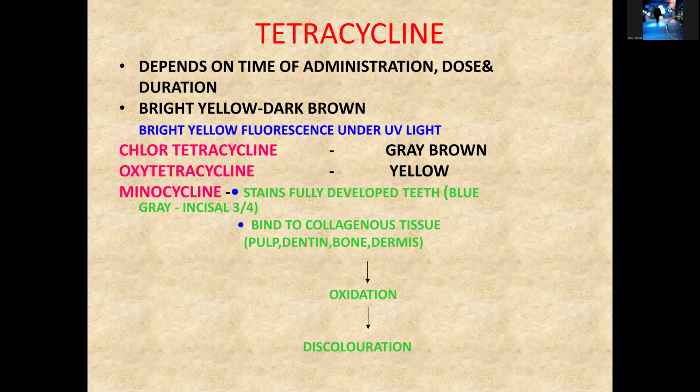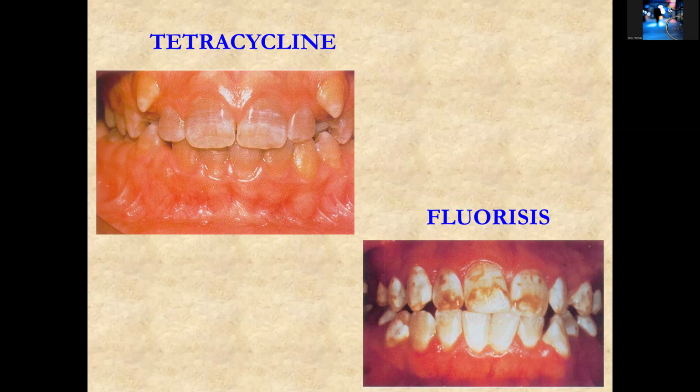And it tends to bind to the collagenous tissue, that is the pulp, dentin, bone, as well as dermis, later resulting in oxidation and causing discoloration of the teeth. In the first diagram, you can see that it is a typical feature of tetracycline medication. You can see a pattern of discoloration seen in the whole teeth.